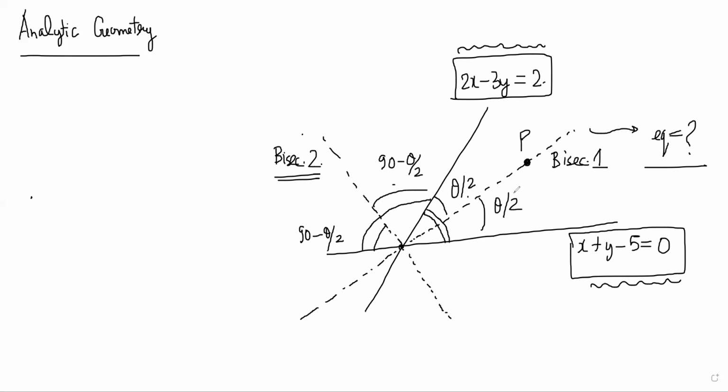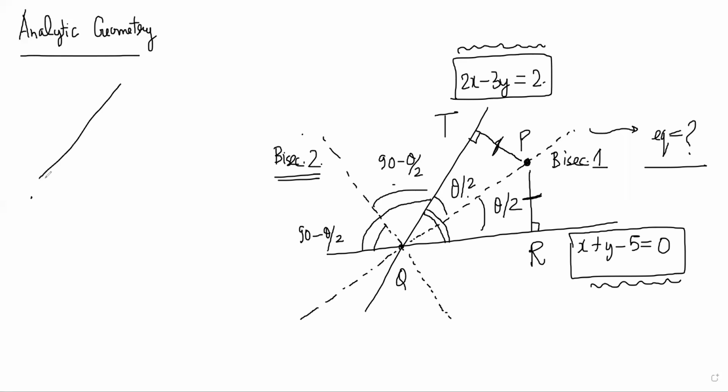If this point P lies on the bisector, then I can drop a perpendicular to this line and drop a perpendicular to this line. We can prove that this has to be equal to this, right?